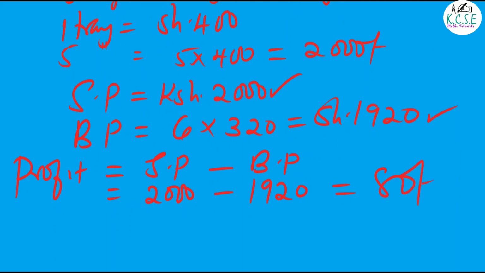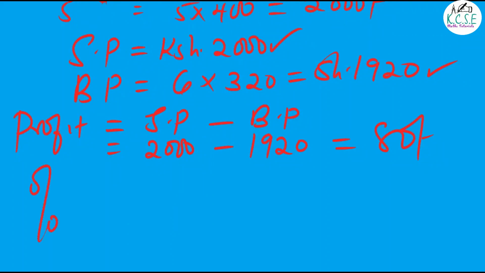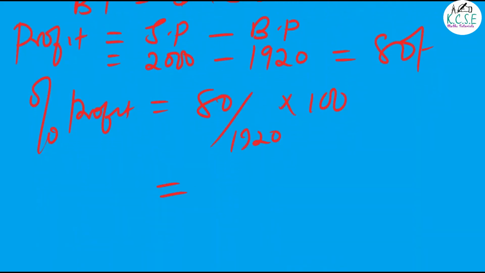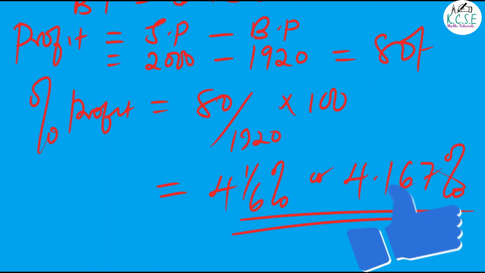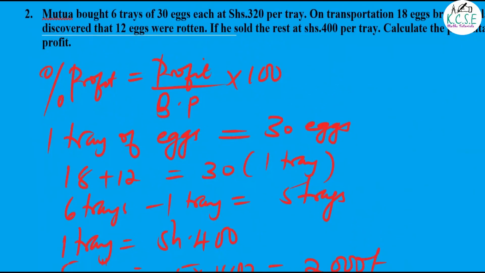We can proceed now and get the percentage profit, which we indicated earlier is the profit over the buying price, which is 80 over 1920, multiplied by 100. So you work this out using your calculator. This gives you 4 1/6%, or you can leave it in decimal form, which is 4.167%, and that is how you're supposed to work out that question.